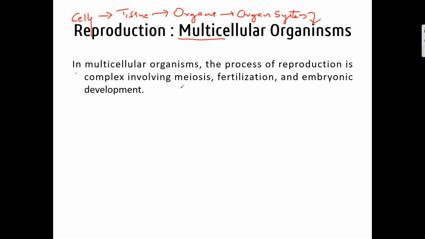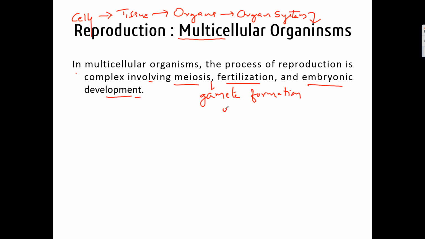In these multicellular organisms, the reproduction is very different. This reproduction process involves meiosis, fertilization, embryonic development, and you can also include gamete formation here. By meiosis the gamete formation will take place, and then the gametes will fuse.